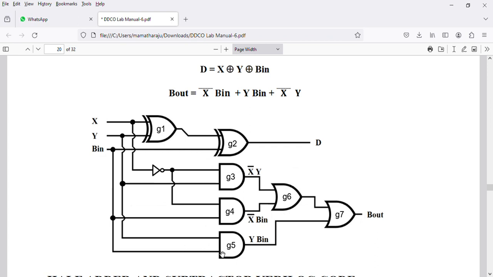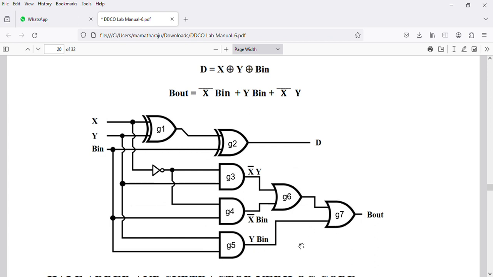And for gate 5, we take y as one of the inputs and b in as the second input, and the output will be y b in. We take these two inputs, that is x bar y and x bar b in, to the inputs of gate 6, and the output is taken to one of the inputs of gate 7.